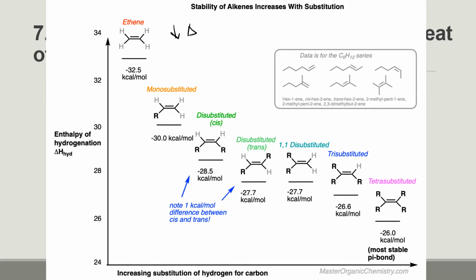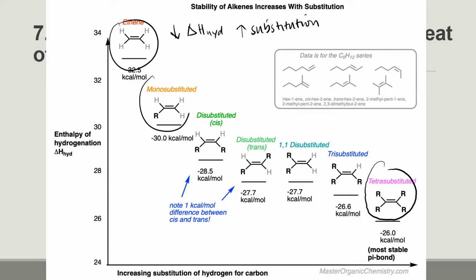Enthalpy of hydrogenation decreases as substitution increases. So the more substituted the double bond is, the less is its enthalpy of hydrogenation or heat of hydrogenation, because mas stable na siya. Mas stable siya kaysa doon sa unsubstituted or sa monosubstituted.